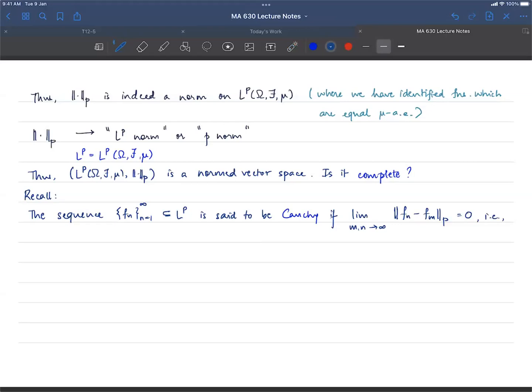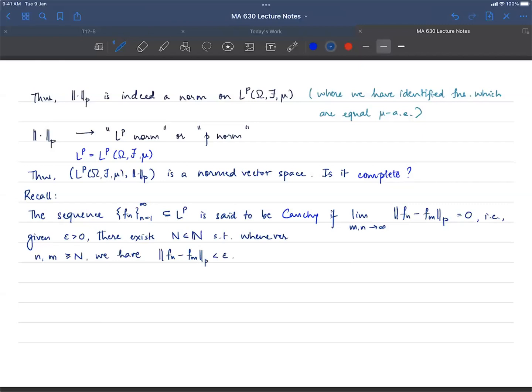I.e., given epsilon greater than 0, there exists some natural number capital N, which is big enough, such that whenever small n and small m are greater than or equal to capital N, we have the norm of f_n minus f_m is less than epsilon. So that's what it means for a sequence to be Cauchy.